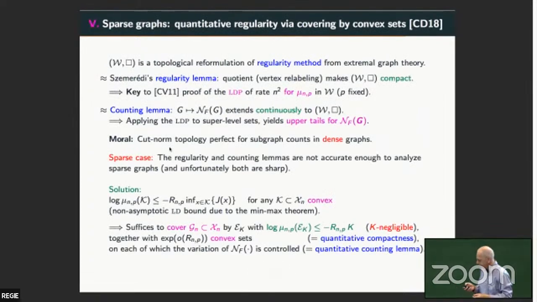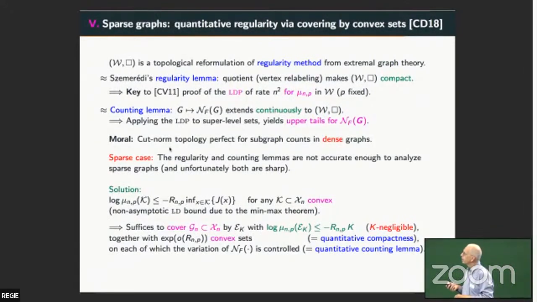So what it means is that it suffices now to cover the space of all possible graphs, embedded in this space which is becoming a vector space. So you can talk about convex sets, a space where you change the discrete {0, 1} to the interval [0, 1], and you want to cover it by not too many convex sets. Not too many convex sets means less than exponential, of little order of the rate. So the union bound will not change, they don't have an effect on the probabilities.